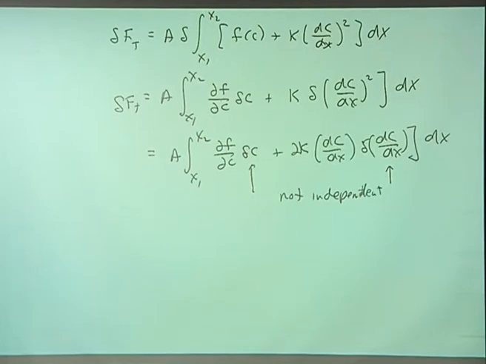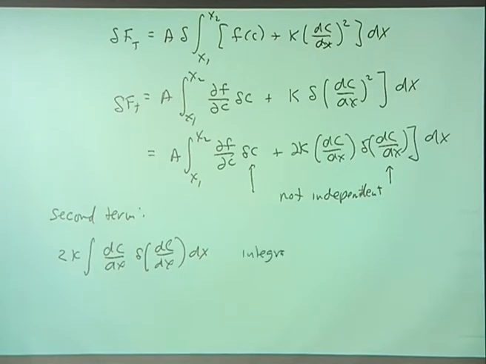So let's just consider the second term here: 2k times the integral dx. We're just going to integrate by parts.